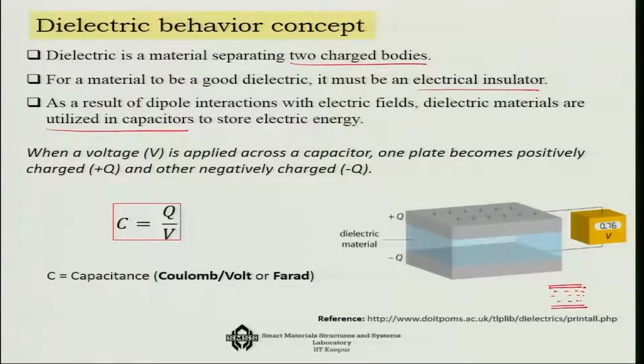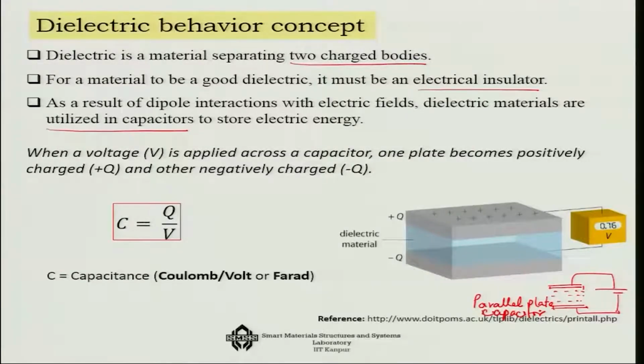When we apply a high voltage to the system, we call this a parallel plate capacitor, which is an example of this type of dielectric system.